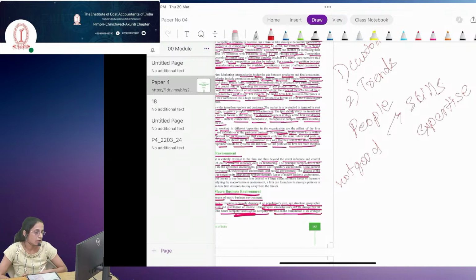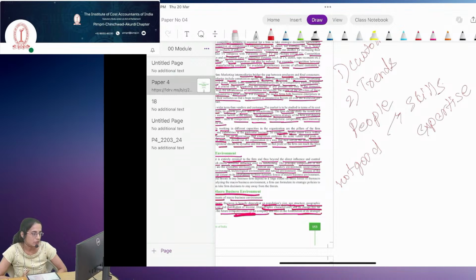If in a consulting firm like the Big Four, the consultants they are hiring are not that skilled, or they do not have the proper knowledge to deal with the client, they will not be able to handle the client properly. In that case, the client will not get satisfied.